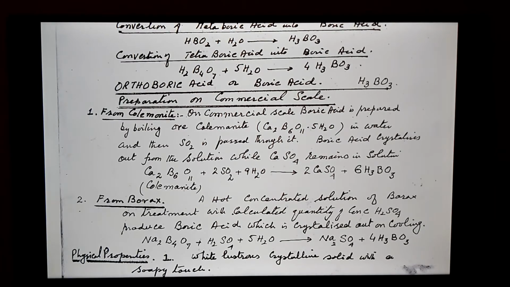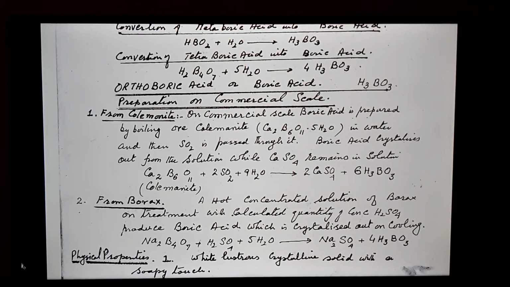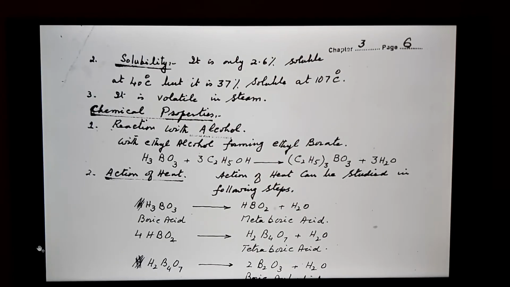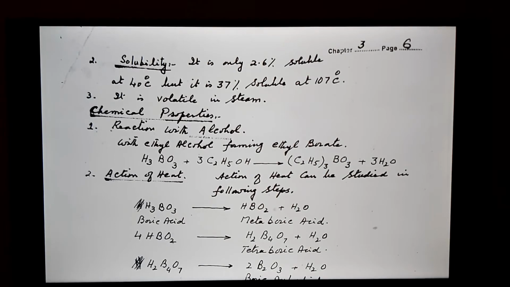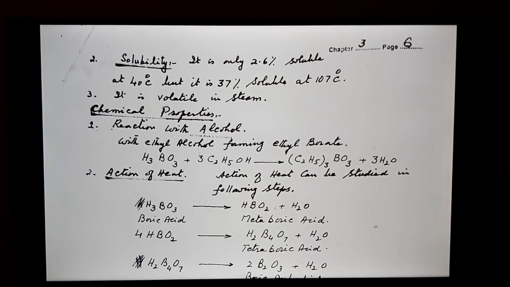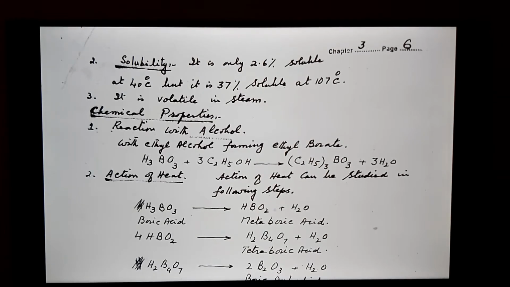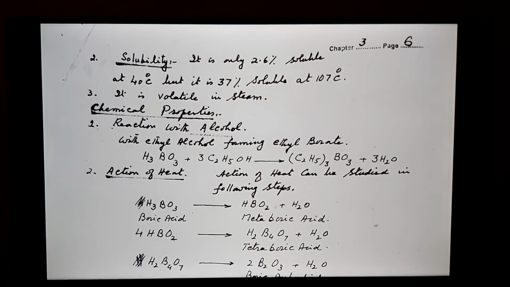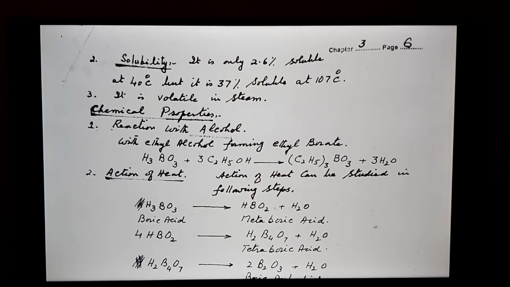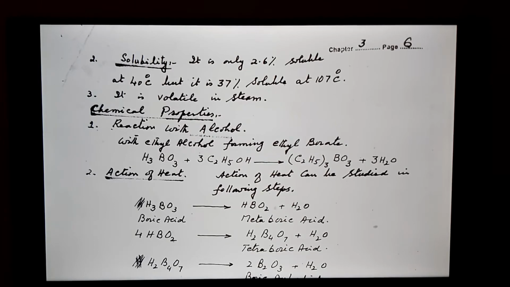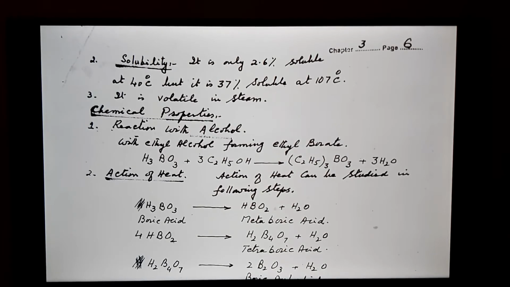Now are the physical properties. It is a white, lustrous, crystalline solid with a soapy touch. Soapy touch means slippery. It is slippery to our hands. Second is solubility. Solubility is very less.